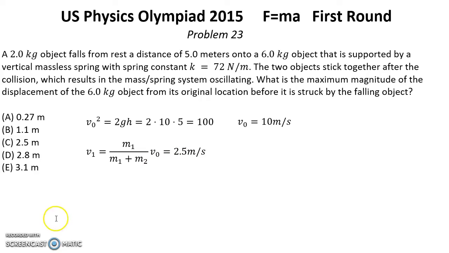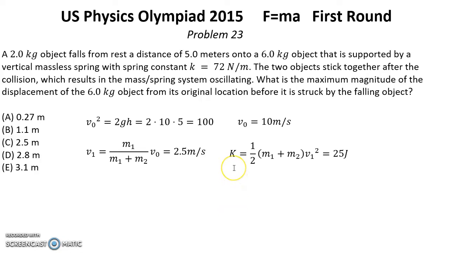Next step, we can use energy conservation. So we have the kinetic energy of the two objects, which we can calculate, and it turns into potential energy of these objects at the lowest point when they stop.